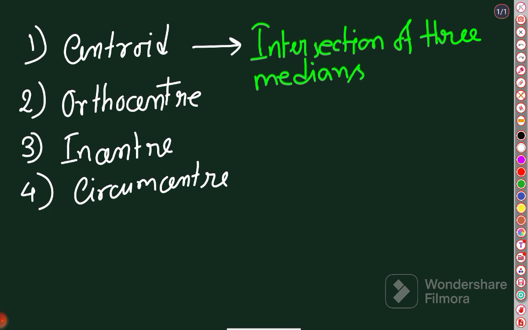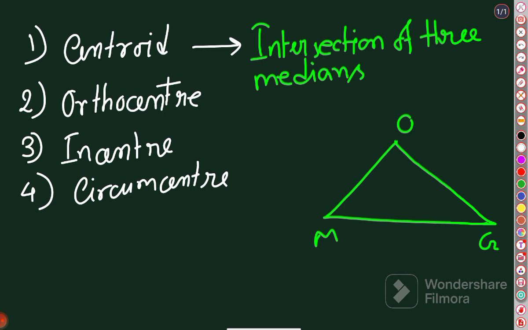Suppose this is a triangle OMG. What is a median? A median is the line segment joining any vertex of the triangle and the middle point of its opposite side.